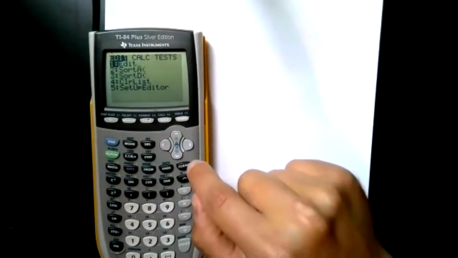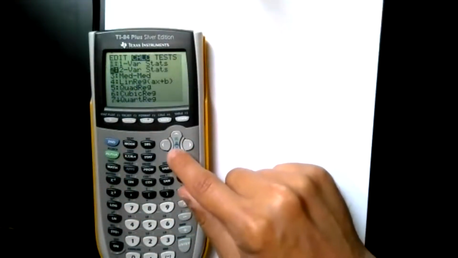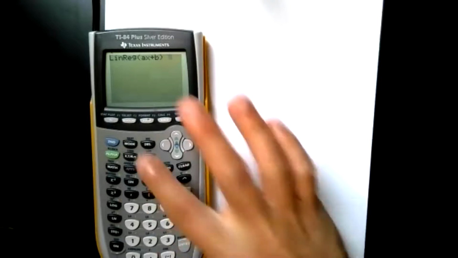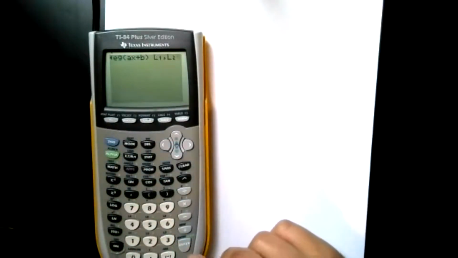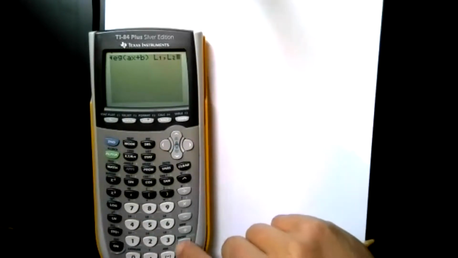Hit Stat, arrow over to Calculate. We want linear regression, which is option 4. Tell it list 1 and list 2. Some of your calculators will have a menu here instead, and they'll say X and Y, and you'll want to put L1 into X and L2 into Y. Enter.